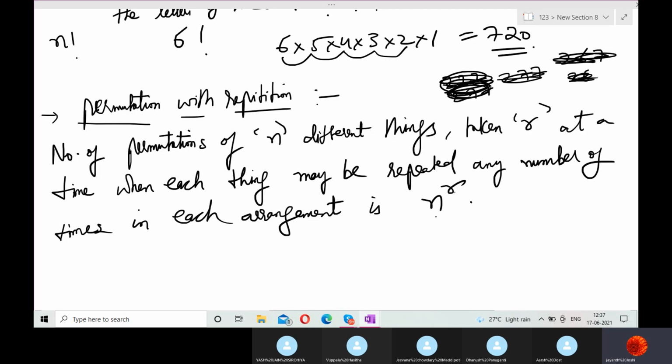So in such cases you can arrange in n power r ways.